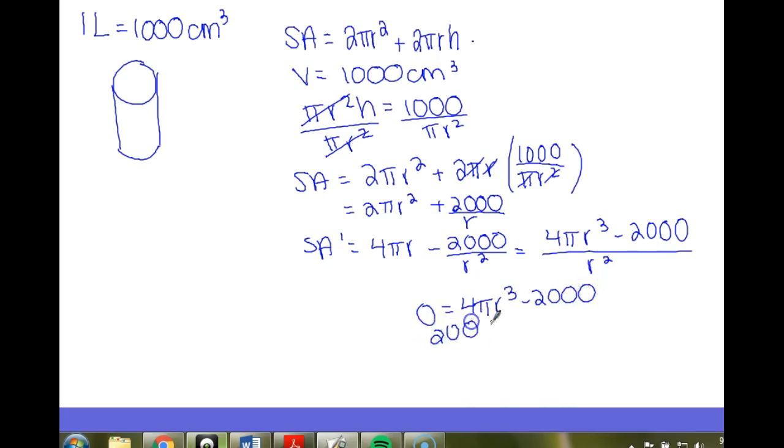So 2,000 divided by 4 pi equals r cubed. So the radius is the cube root of 2,000 over 4 pi, which is approximately 5.419.